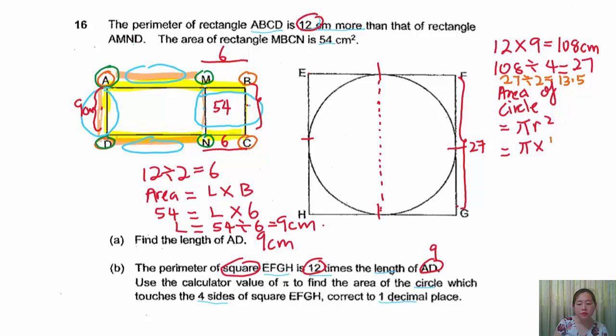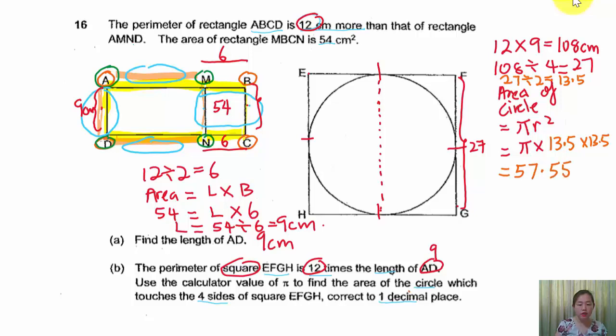So pi times 13.5 times 13.5, which is equal to 57.55.